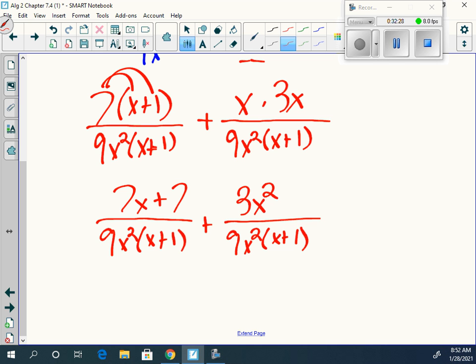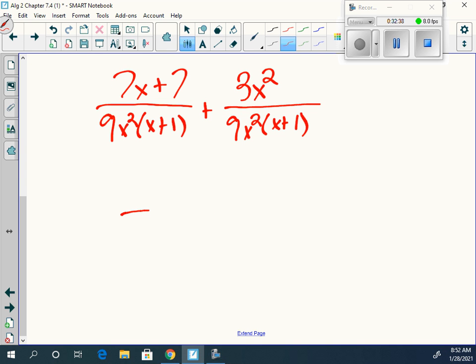Any questions on this so far? Guess what we can do now? We can add them together. Now I'm going to put the 3x squared in front because it has the biggest power.